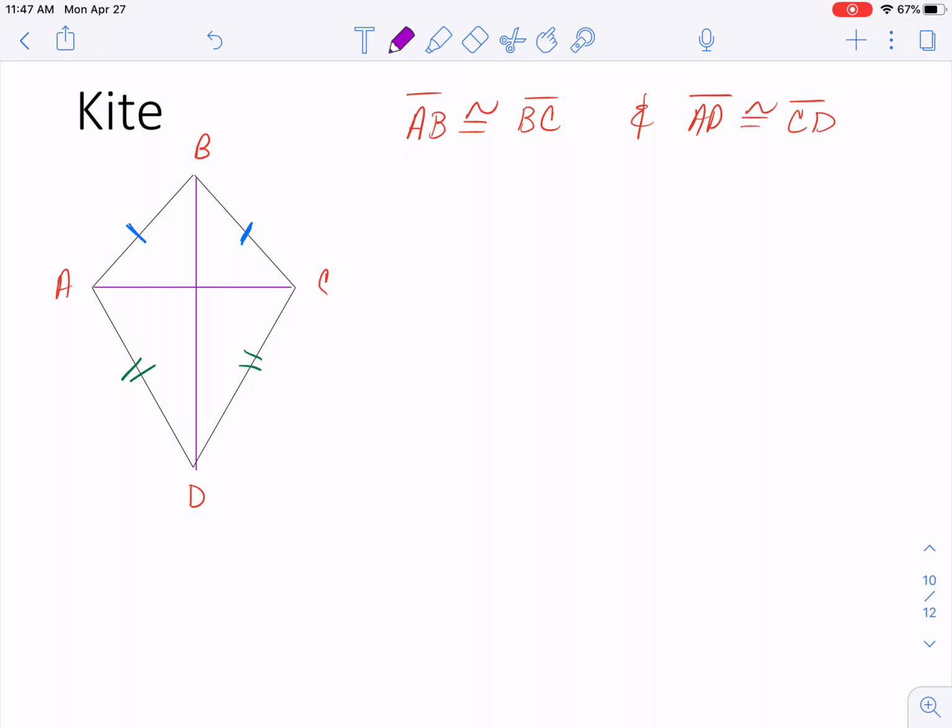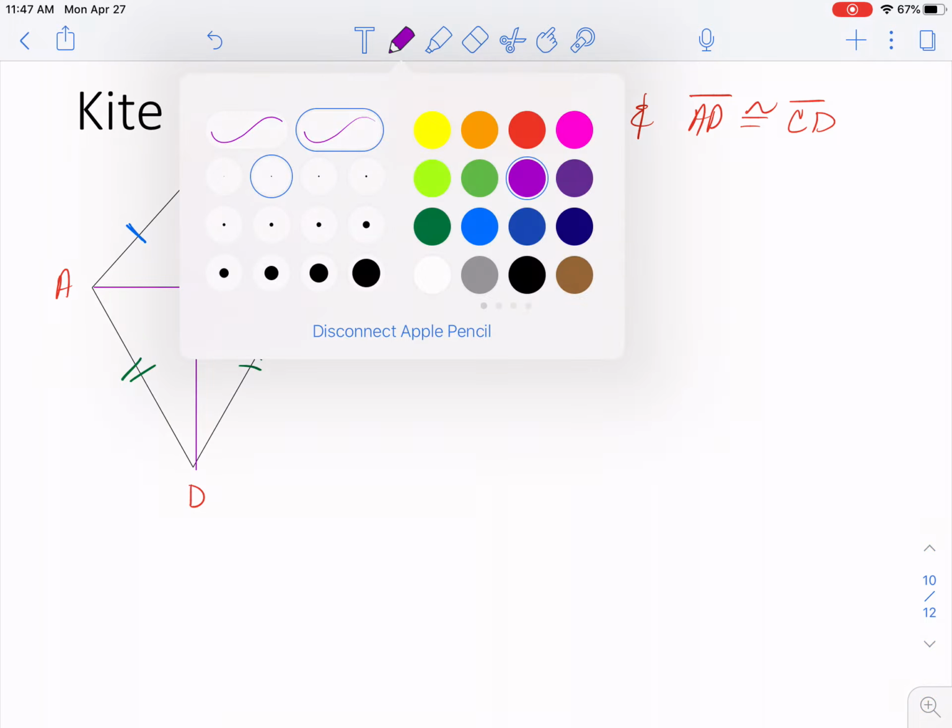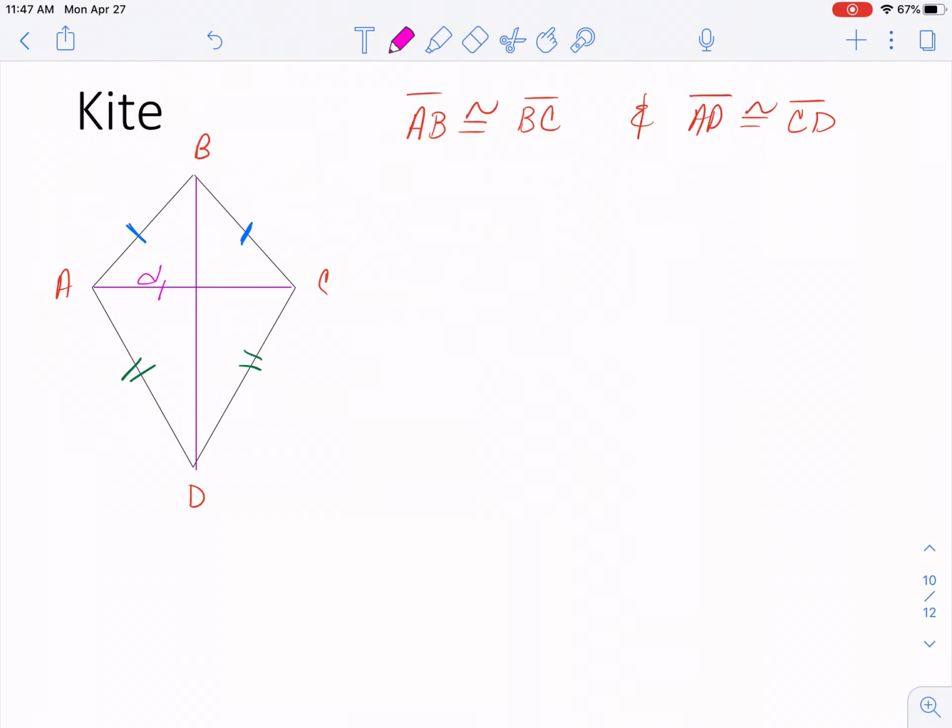And what we end up getting is these lengths, which we're going to call diagonal 1 and diagonal 2, the distances across from each other. Okay? Now, the cool thing is this actually gives me how many triangles? Gives me 4 right triangles because the diagonals of a kite all intersect at 90 degrees.